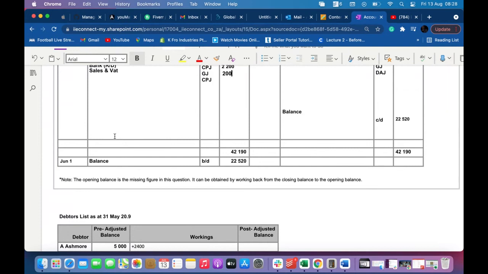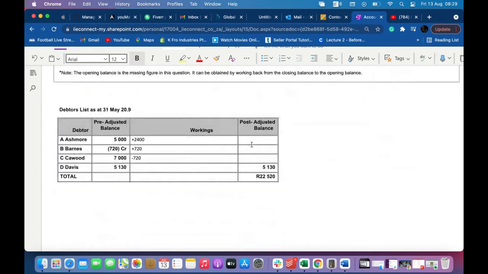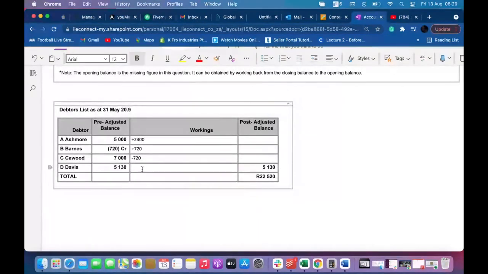It says an invoice issued to C Carwood for 1,900 has been posted to the wrong side of his personal account. What they're telling you there is that the debtors control hasn't been affected, but the debtors list has been affected. So let's see here again. This was an invoice issued.